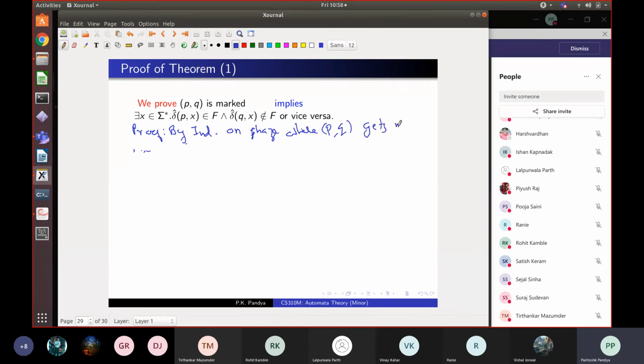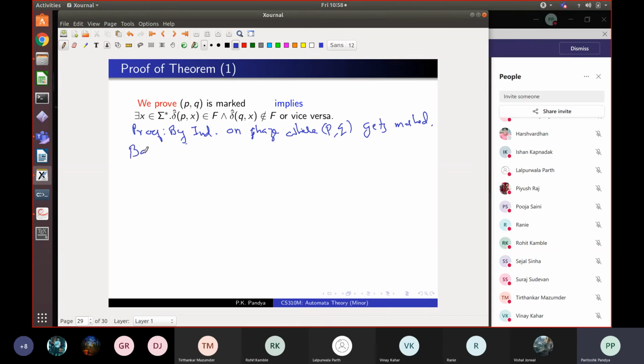What do I mean by that? What I'll prove is that if something gets marked in phase 0, then there is a string which separates them. Assuming that something gets marked in phases 0 to i correctly, I will show that if I mark something in phase i plus 1, that will also be correct. That is, there will be a string which will separate them. This is what I have to prove by induction.